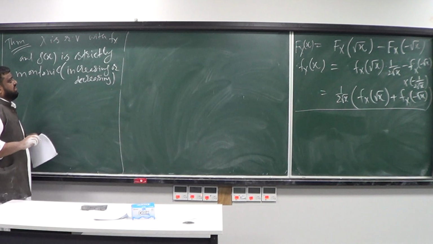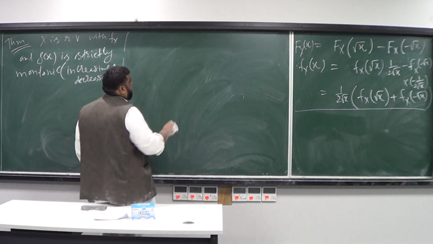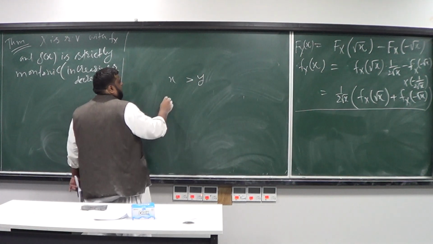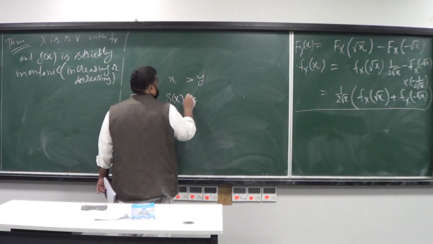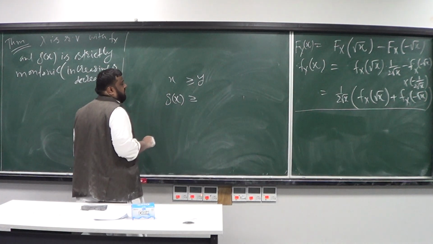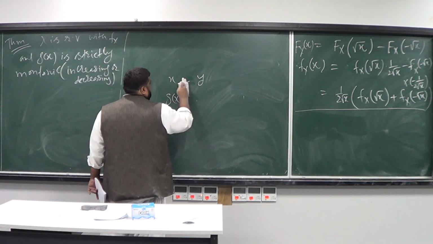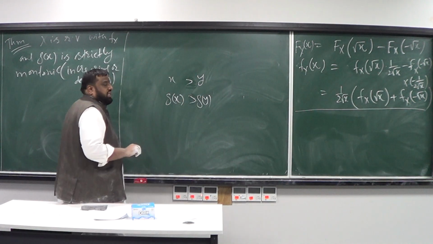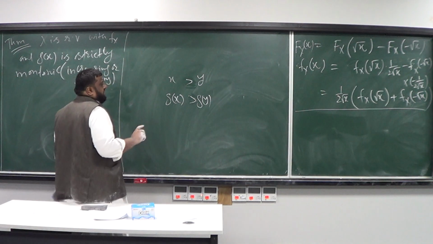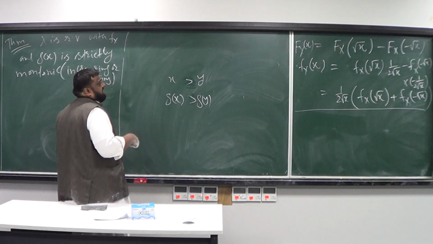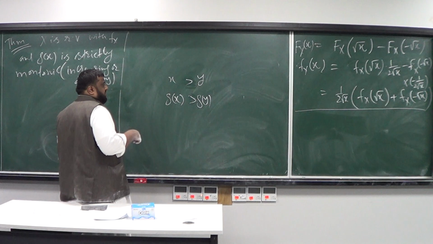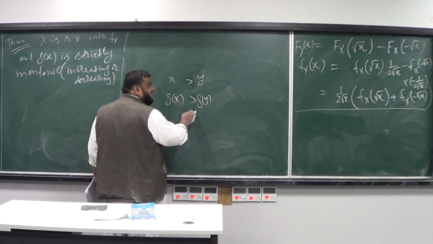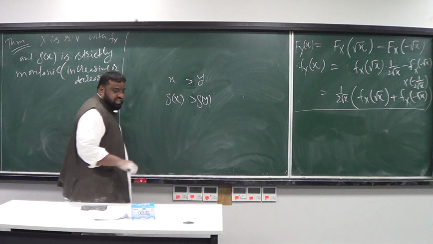What is the meaning of strictly increasing? If x is bigger than y, then g(x) is bigger than g(y). That's strictly increasing. You can have strictly decreasing as well: if x is bigger than y, then g(x) is less than g(y).